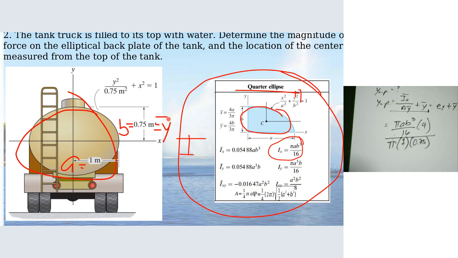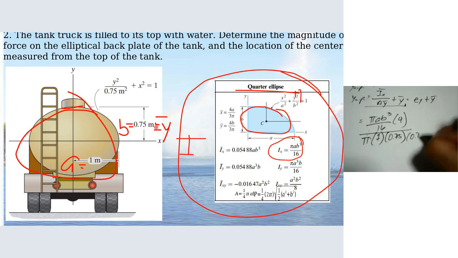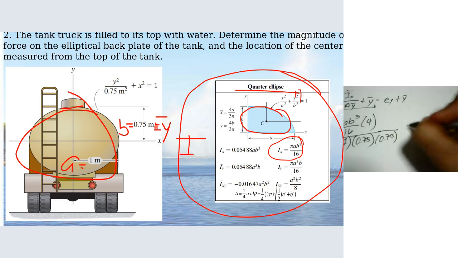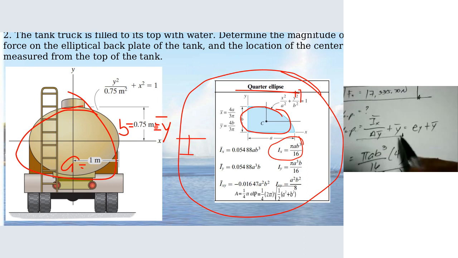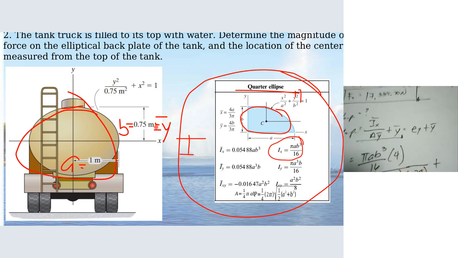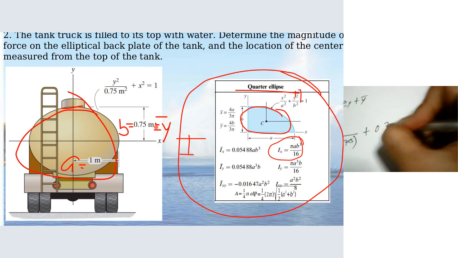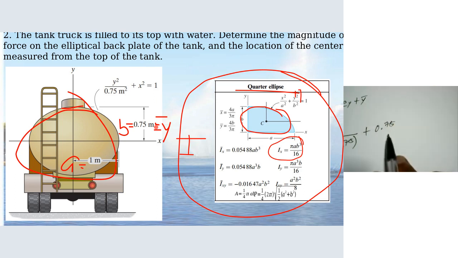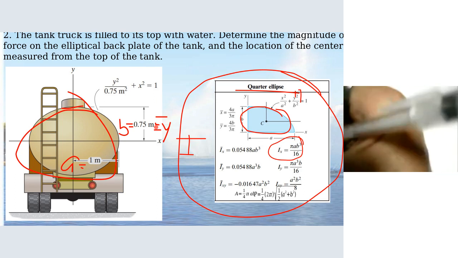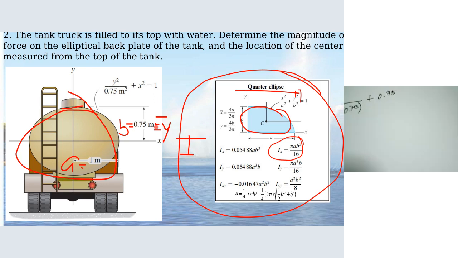Similar lang siya dun sa h bar. 0.75. And then we add y bar again. So plus 0.75. What will be y sub c?